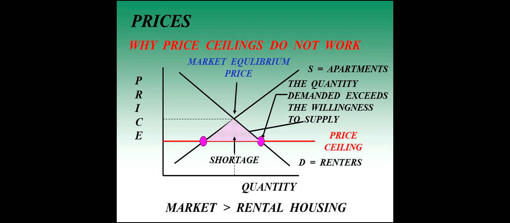And that works to the contrary, if you will, of what the intention was of putting the price ceiling in place to begin with. The people wanted what they thought was reasonable, affordable housing, and here you're actually limiting the amount of housing that winds up being available.